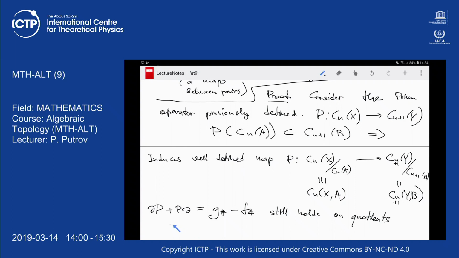So this equality can be considered as an equality of homomorphisms from Cn of X, A to Cn of Y, B.